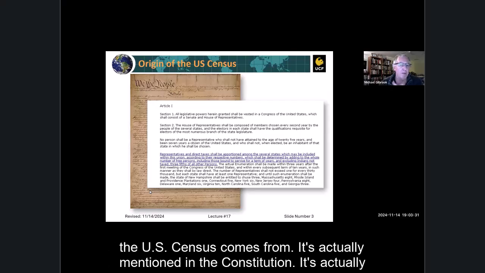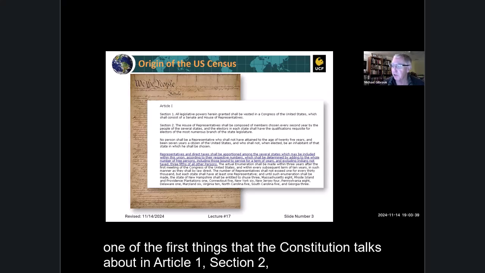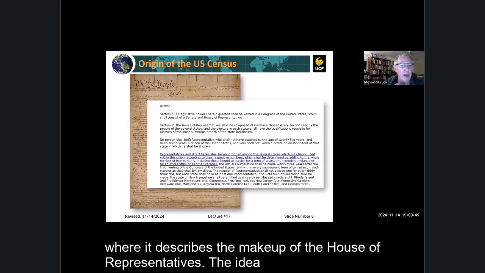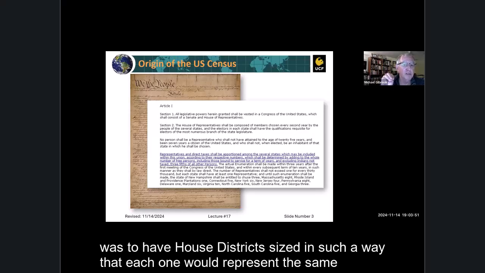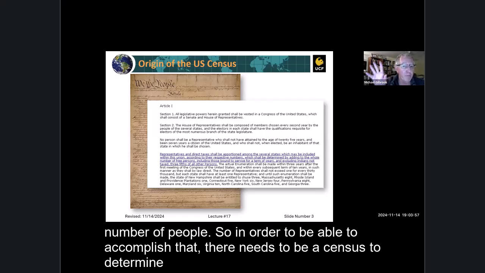Let's talk about where the US Census comes from. It's actually mentioned in the Constitution. It's one of the first things that the Constitution talks about, in Article 1, Section 2, where it describes the makeup of the House of Representatives. The idea was to have House districts sized in such a way that each one would represent the same number of people.